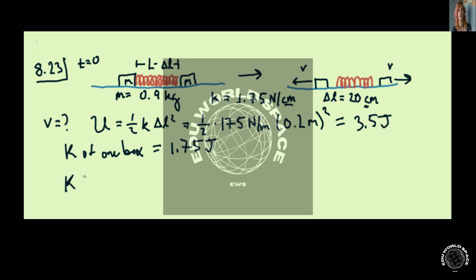Now we know the K, and we know that that's equal to 1/2 mv squared, and right here's the thing we're looking for. So the mystery is nearing a solution.